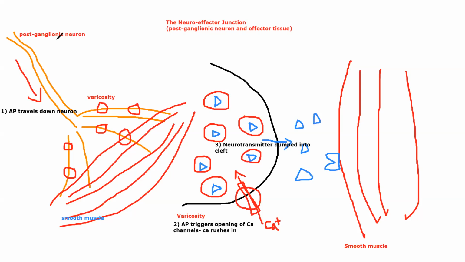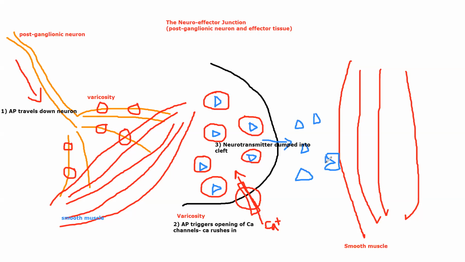Nicotinic receptors are only found on the soma of the second neuron, so on the soma of the postganglionic neuron. So here must either be a muscarinic receptor if this is in the parasympathetic system, or an adrenergic receptor if this is in the sympathetic system. And so a muscarinic receptor will bind acetylcholine, and an adrenergic receptor will bind norepinephrine, okay?